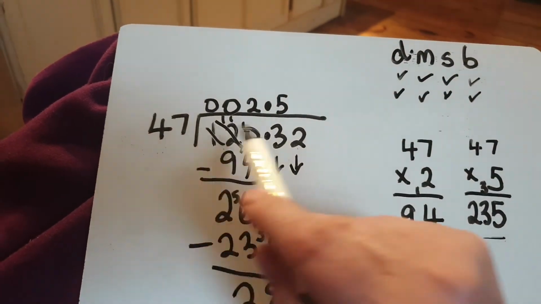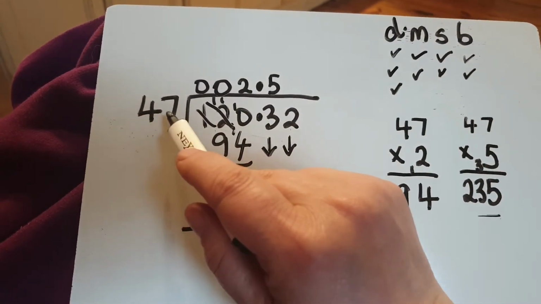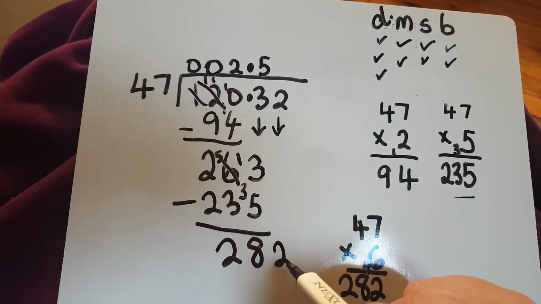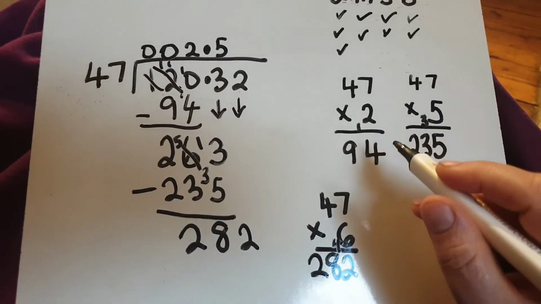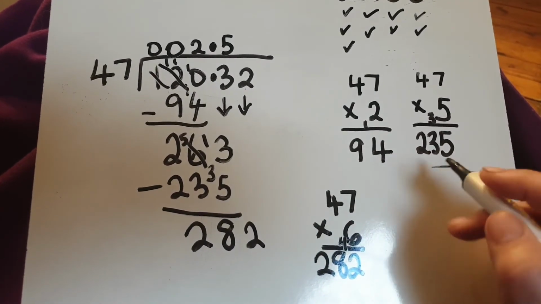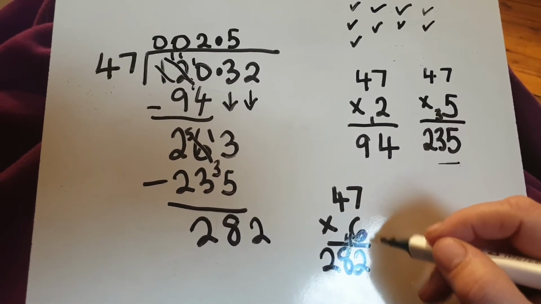And my new question, starting from the beginning with my dividing, is how many 47s are in 282? If I look over here at my rough work, 2 47s, 5 47s, 6 47s, I can see I'd already worked it out earlier on.